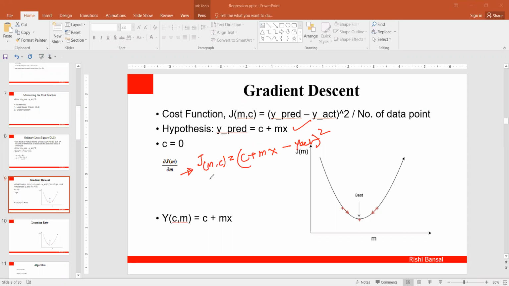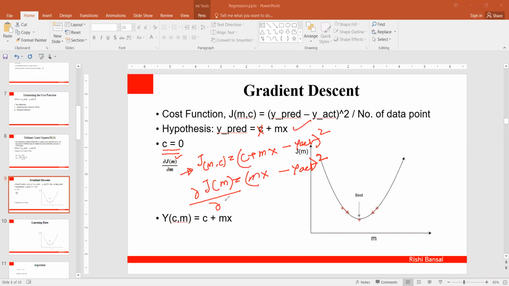To understand this, let's assume we decrease one coefficient by making it equal to 0. So mx minus y actual, you square this and try to find the minimum value of J(m). This is what I want to find out. And how to do that?